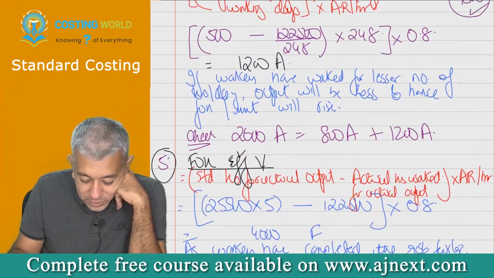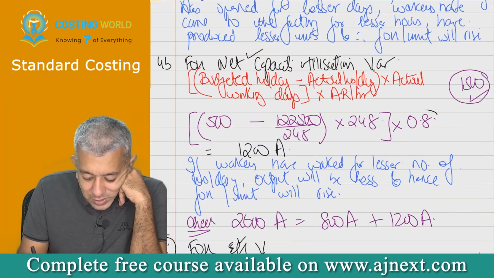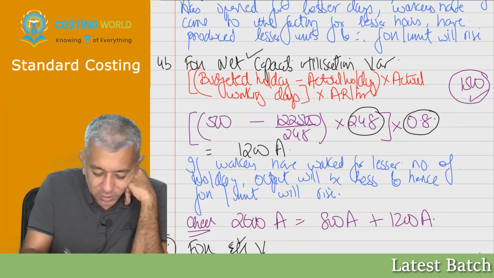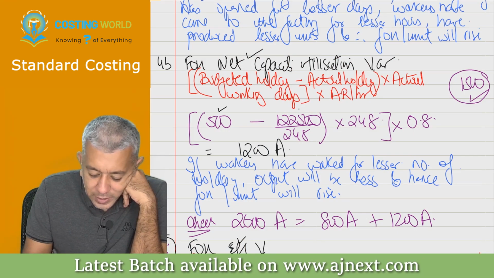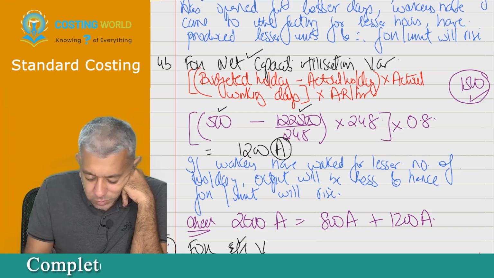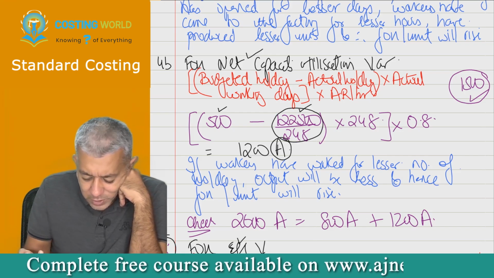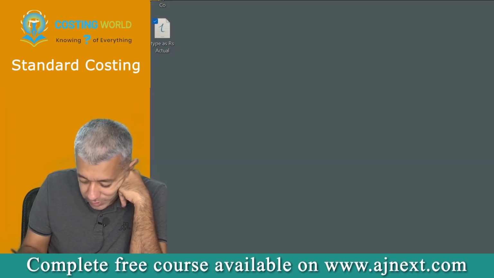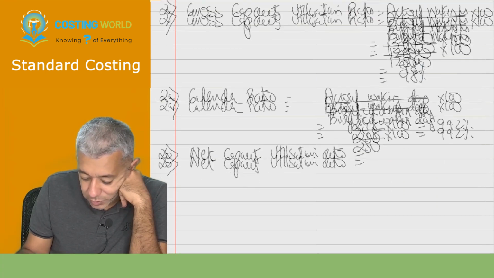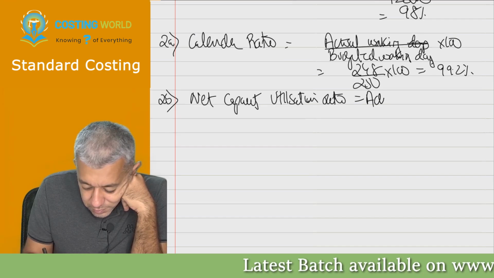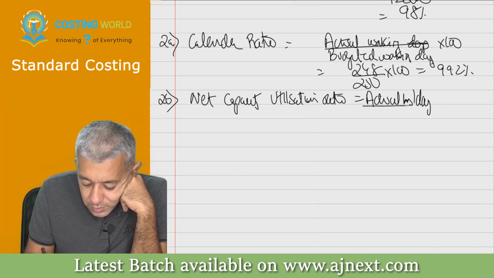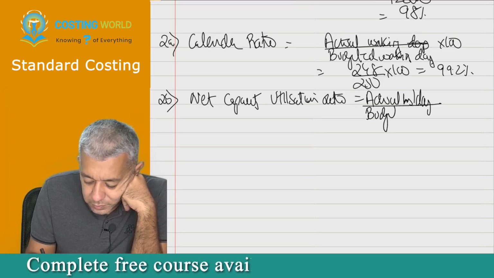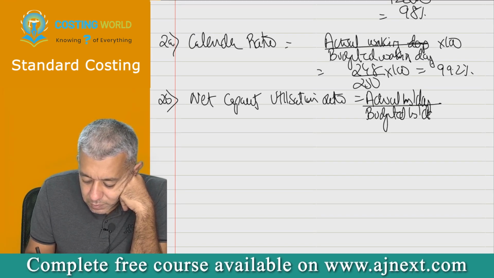Now, net capacity utilization ratio. Obviously, for that I am going to see 4B variance. Now, this is a common factor. Forget it. This is budgeted hours per day. This is actual hours per day. Variance was adverse, so this figure will be a smaller figure. I guess this will be sitting on top. So, write down over here: actual hours per day divided by budgeted hours per day into 100.